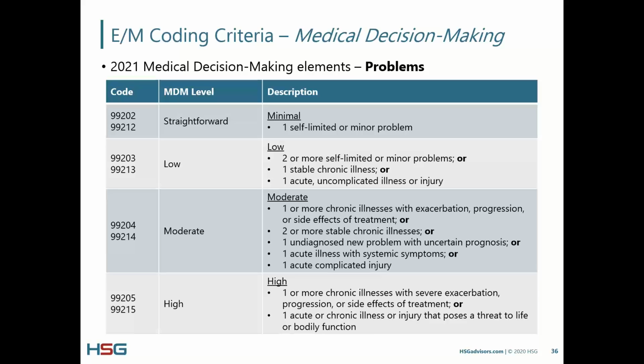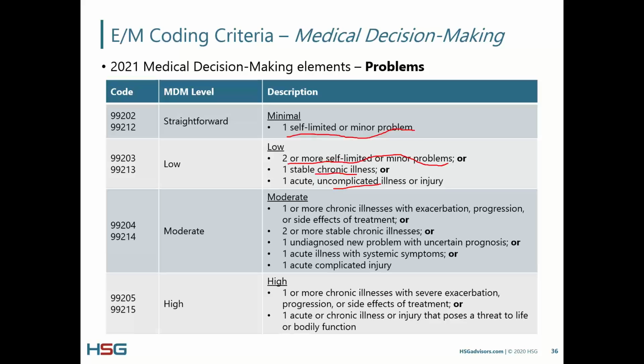So the level 2 visit here, whether it's a new patient or an established patient, requires 1 self-limited or minor problem. As you go to low, it's 2 or more self-limited or minor problems, 1 stable chronic illness, or an acute illness or injury. And again, we get down to increasing levels of complexity.